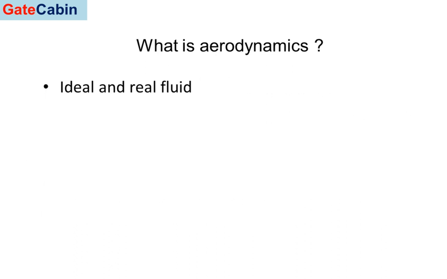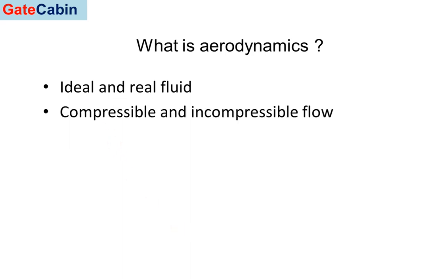Then before getting into details of aerodynamics, we'll quickly see some of the fundamental ideas that are needed to advance in this study of aerodynamics. First is the difference between an ideal and a real fluid. Then what is compressible and incompressible flow.